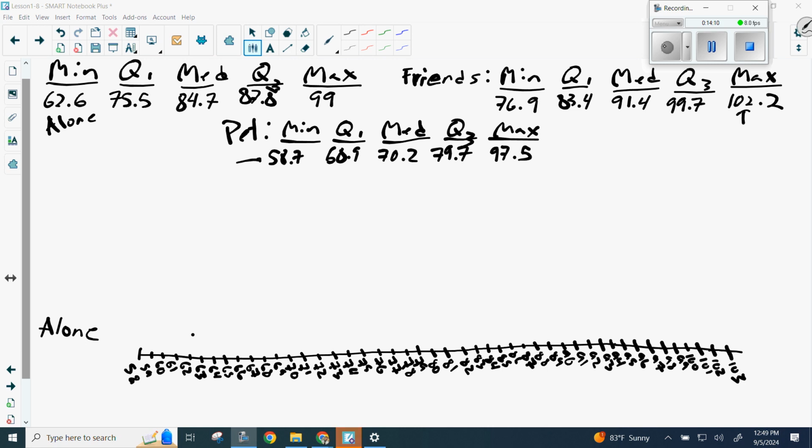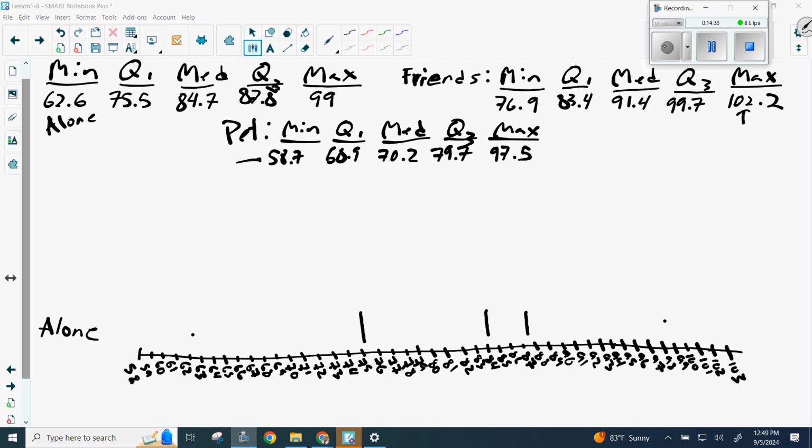Then I'm going to go to quartile 1 at 75.5 and put a line. So quartile 1 gets a line. The median gets a line, which is 84.7, about there. And my quartile 3 is going to get another line at 87.8, about there. And then I'll put a dot where my maximum is at 99.